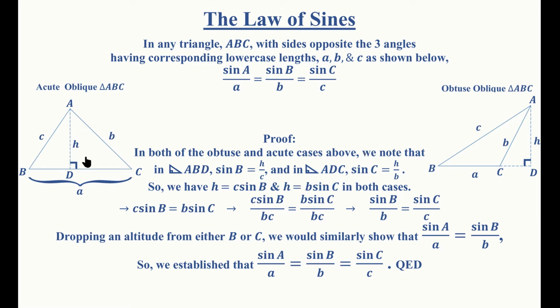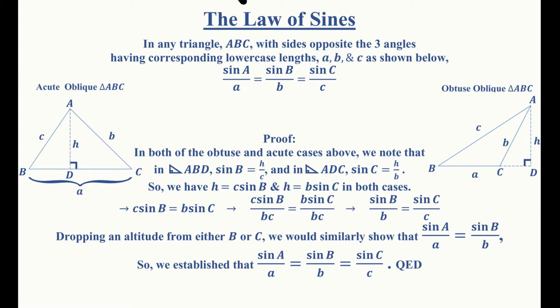And the sine of the angle C is going to be h over this hypotenuse, which is going to be b, because we're looking at a right triangle now inside, right? That's why we can talk about sine and cosine. And that again holds for both triangles.